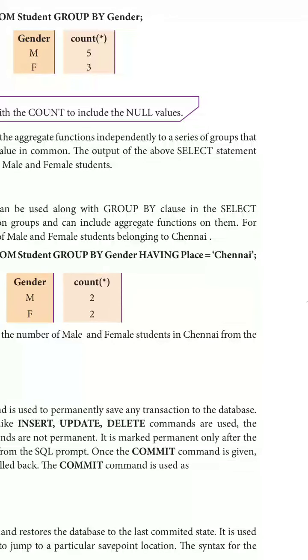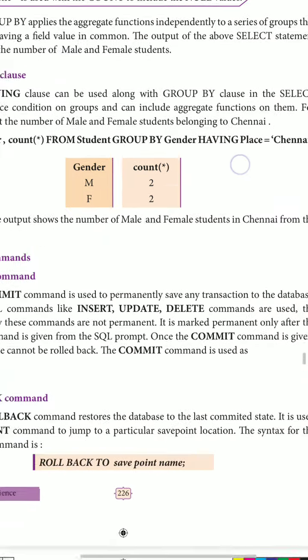Even after the condition, you can check the count. So select the gender and group by gender with the count of place Chennai. So how many males and females are from Chennai, you can get it by using this command.